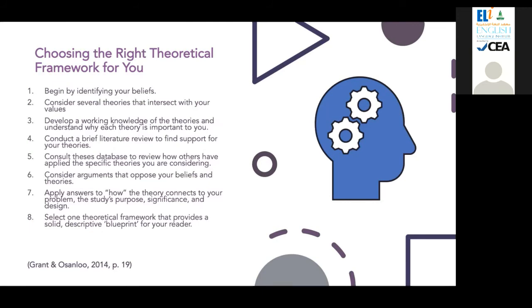So begin by identifying your beliefs and then consider several theories that intersect with your values. So I believe that learning a language should be done in a natural way. Therefore, I will focus on the generative theory because they believe in that, for example. And then develop a working knowledge of the theories and understand why each theory is important to you.